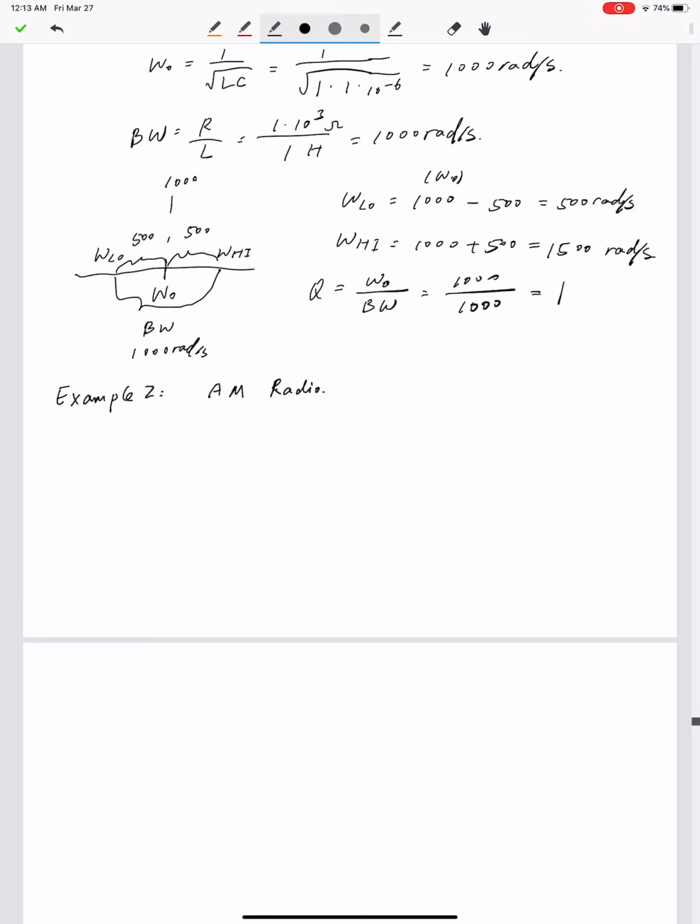So let's draw a general plot of a radio. It has an antenna.